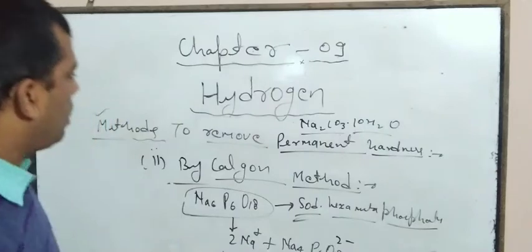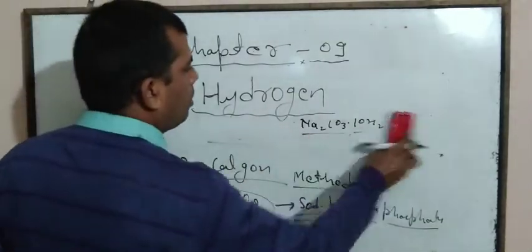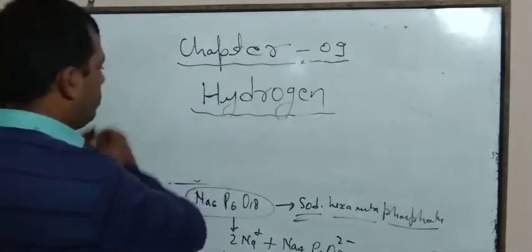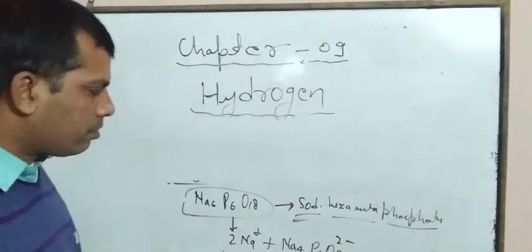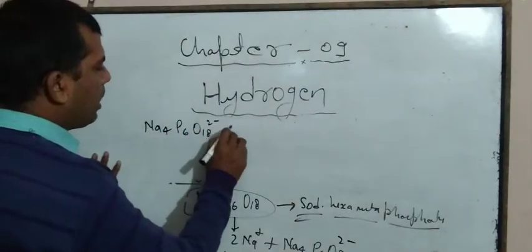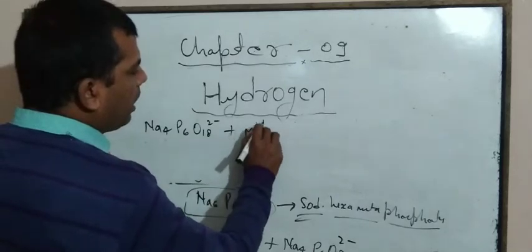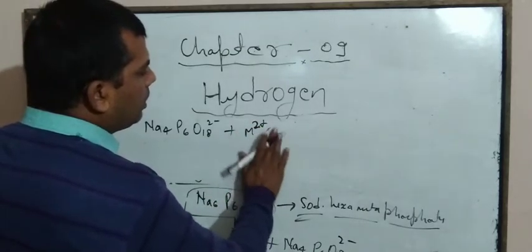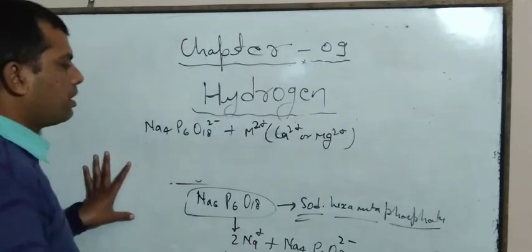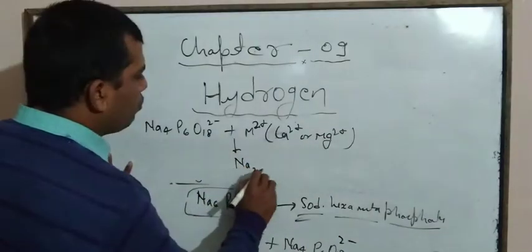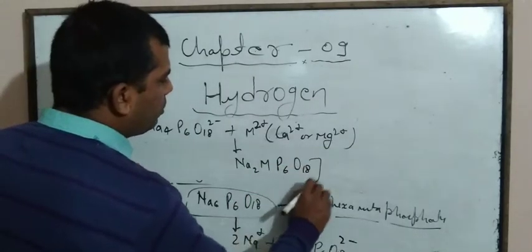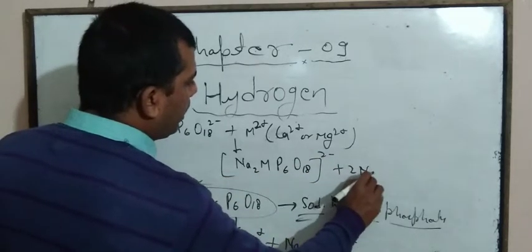In this way, Na4P6O18 2 minus reacts with M2 plus ion, where M2 plus means Ca2 plus or Mg2 plus, calcium or magnesium, and forms Na2M P6O18 2 minus plus twice Na plus.